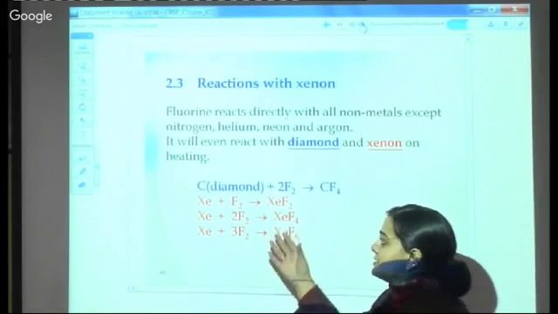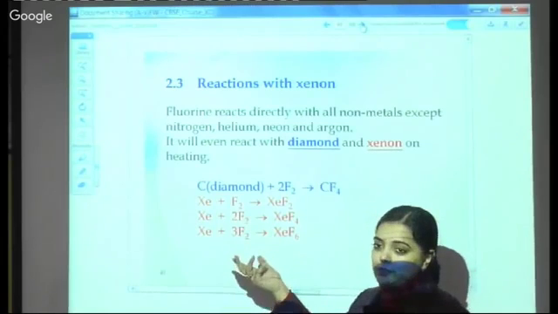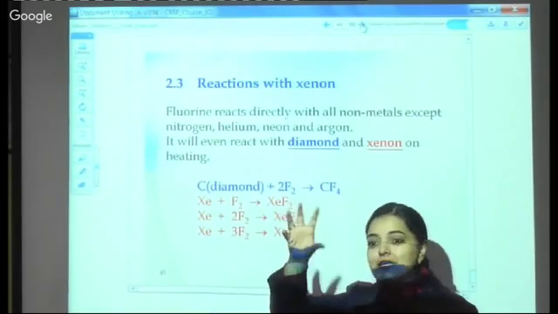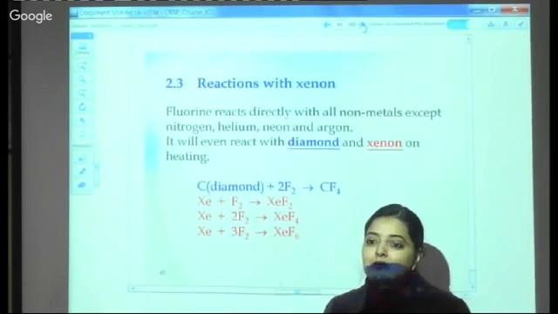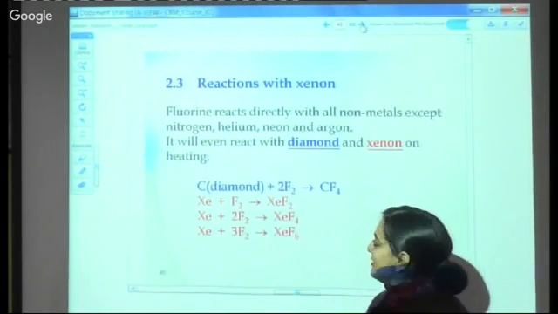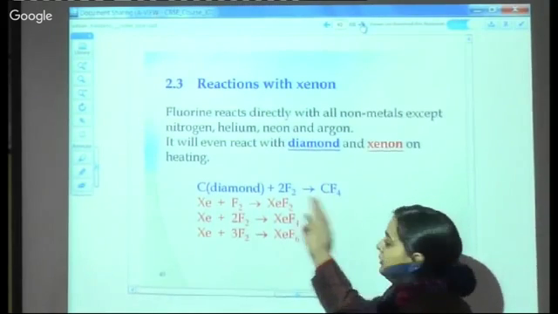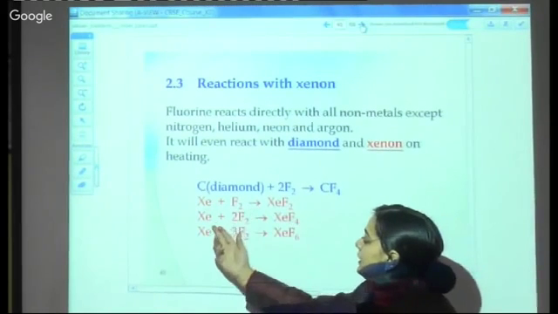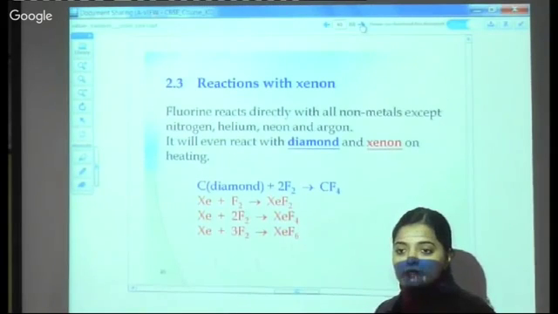Noble gases are inert, but as we go down the group the inertness goes down, so it starts reacting. So carbon, that is diamond, reacts with fluorine, and xenon forms multiple oxidation states and gives different compounds.